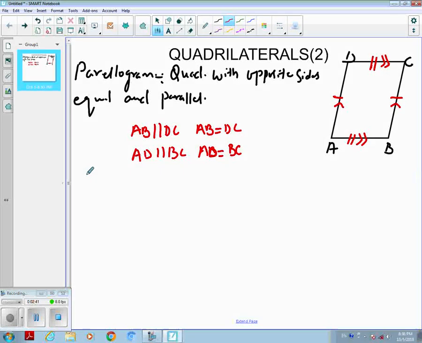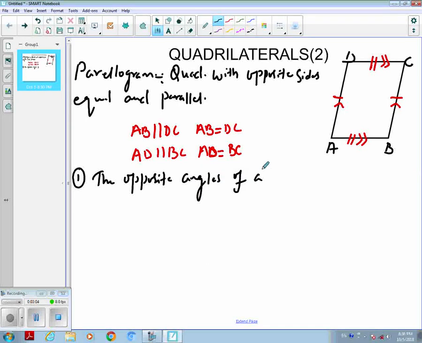Now we come to the properties of a parallelogram. First, the opposite angles of a parallelogram are equal. Now in this figure, opposite angles are like this.